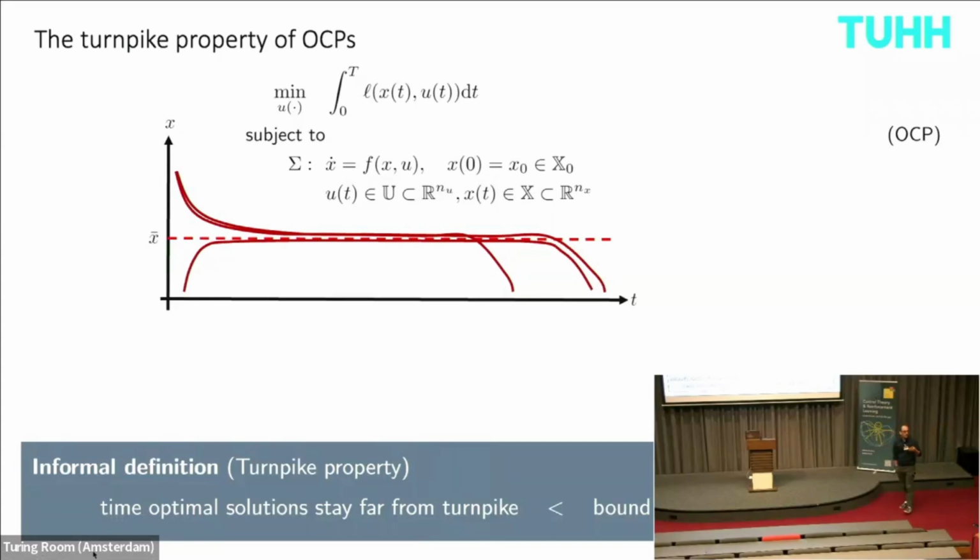And formally, when we try to analyze this, we will really try to arrive at bounds which show no matter what optimization horizon you choose, the time the solutions can stay far away from the turnpike is bounded independent of this horizon. And if you twist this around, it means if I just make the horizon long enough, I will get on the turnpike and I'll have to be there for major parts of the time.